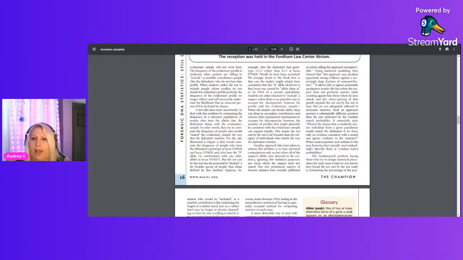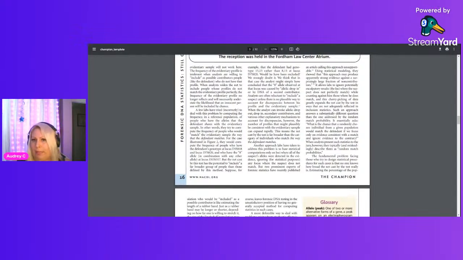But two prominent experts of forensic statistics have recently published an article calling this approach unsupportable. Using statistical modeling, they showed that this approach may produce apparently strong evidence against a surprisingly large fraction of non-contributors. It allows labs to ignore potentially exculpatory results, the loci where the suspect does not perfectly match, while counting against him those where he does match.